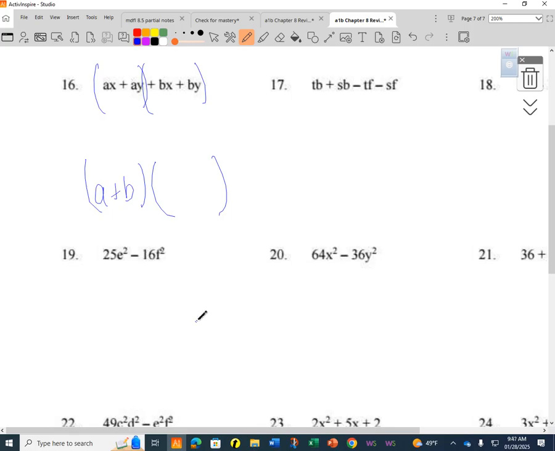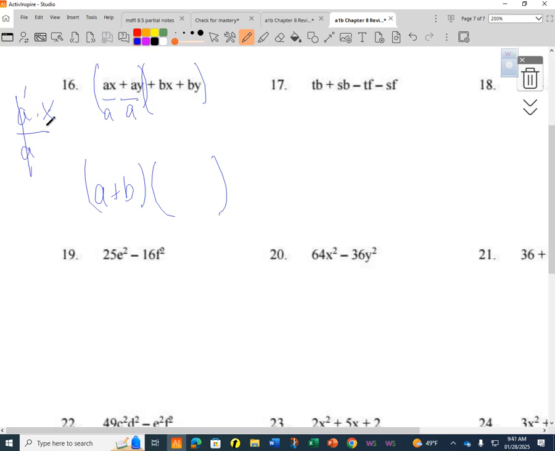Now what do we do? Yep, what do I divide? Yes, so the first group is divided by the first greatest common factor. That's exactly right. What's AX divided by A, Brandon? Remember, A times X divided by A, those simplify to 1, right?